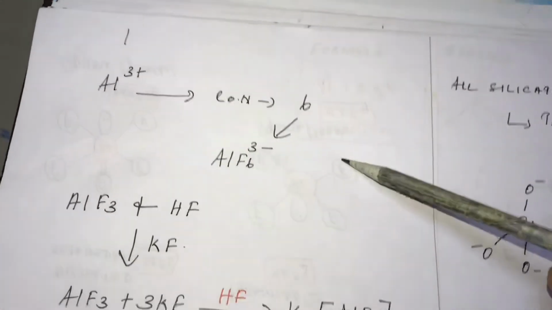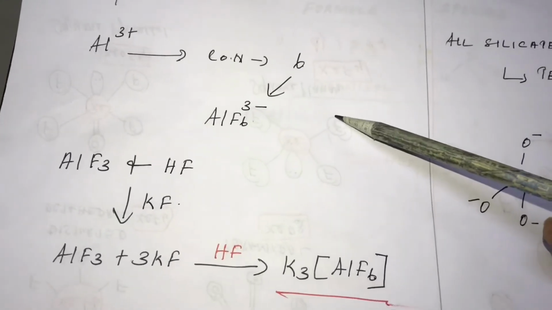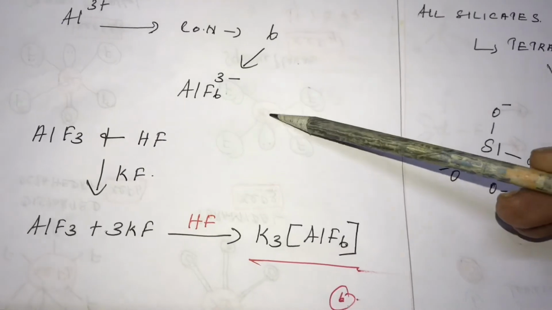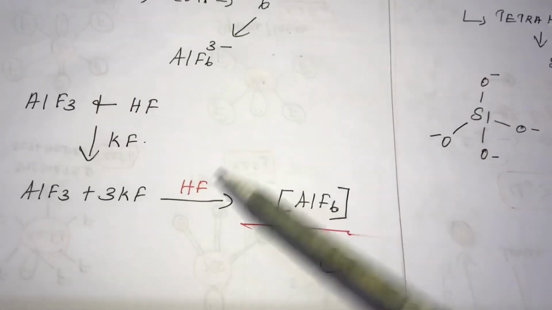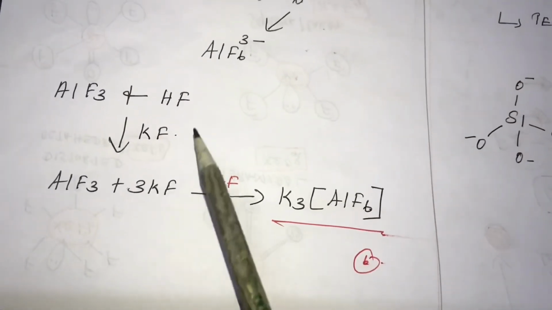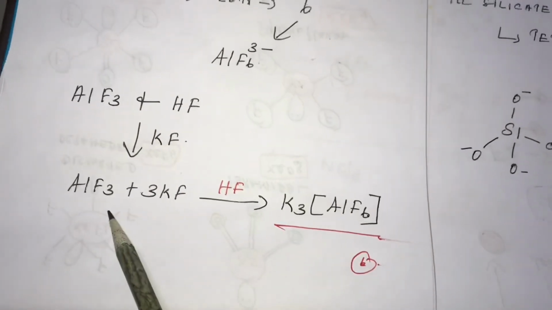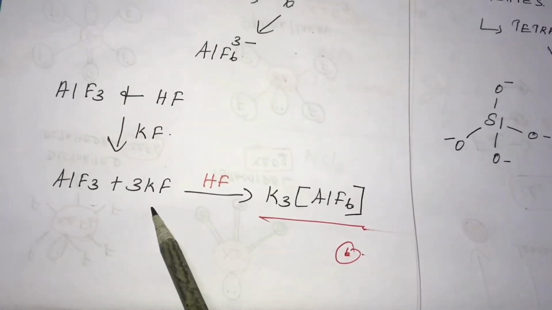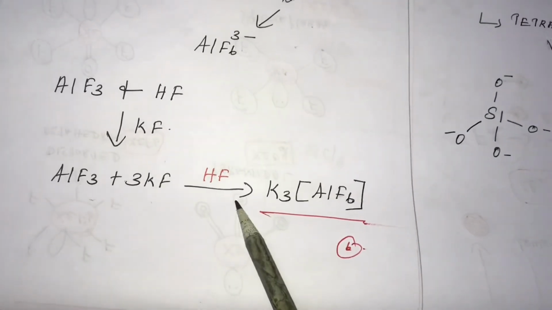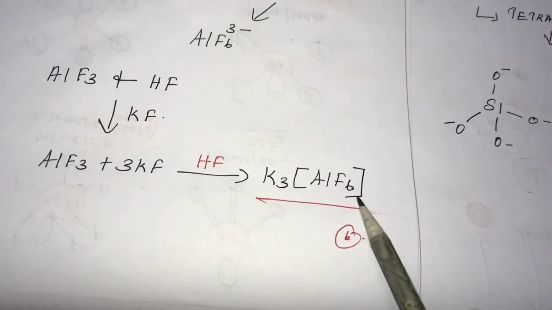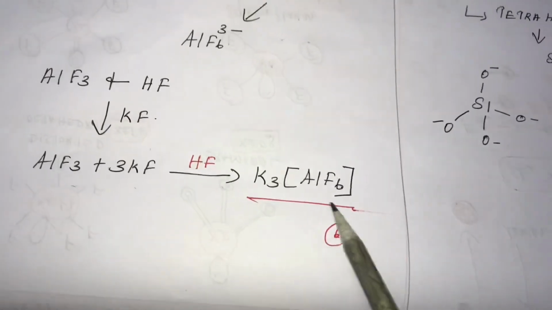Aluminum fluoride has the aluminum 3 plus ion. Here the coordination number is 6, forming AlF6 3 minus. When aluminum fluoride is dissolved in hydrofluoric acid in the presence of potassium fluoride, aluminum fluoride with 3 molecules of potassium fluoride forms potassium aluminum fluoride, K3AlF6.